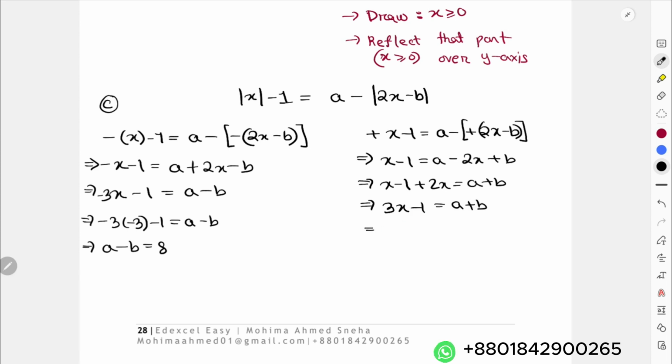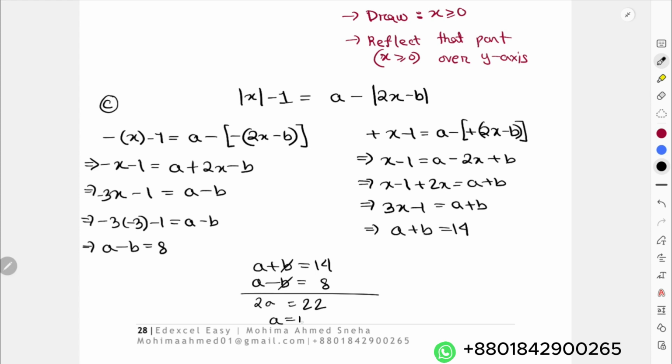If now we consider the value for x as 5, you get 15 minus 1, which is just going to be 14, or we can write a plus b equals 14. Now if you arrange the equations together, that is a plus b equals 14 and a minus b equals 8, I can see b and b cancels out here, and you get 2a, and 14 plus 8 is 22.